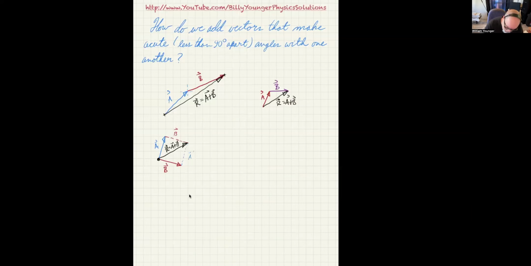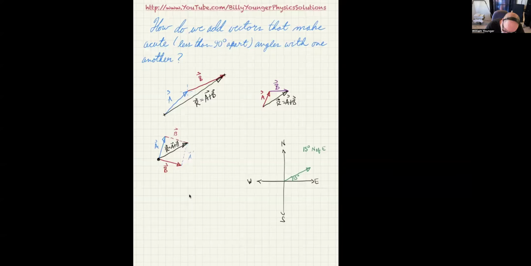For the record, let me just give you what some of these vector directions mean. So if I drew a compass set up like this, where I said this was north and this was east and this is south and this is west. This right here could be 15 degrees, and that vector would be called 15 degrees north of east.